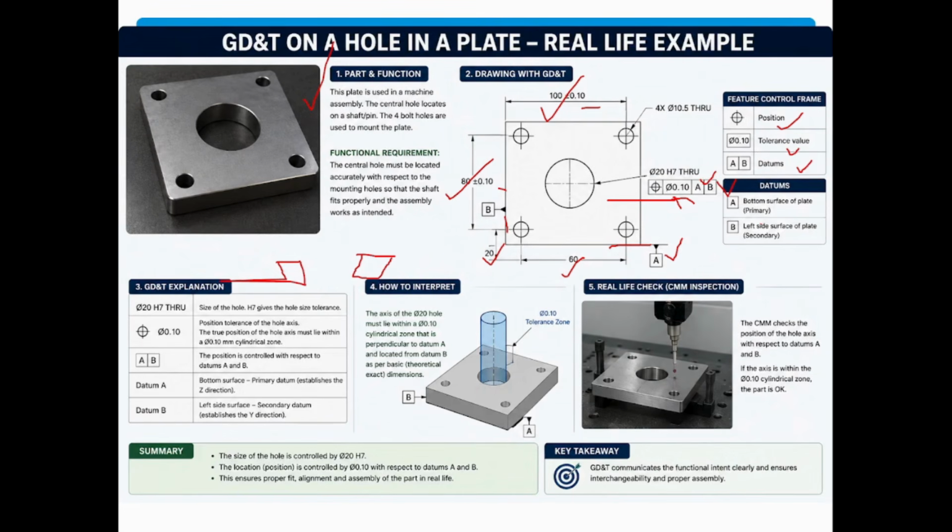A is the primary and B is the secondary. If this GD&T comes out exact as per the part, then you will easily be able to insert the shaft into the hole. So this is a practical example of GD&T.